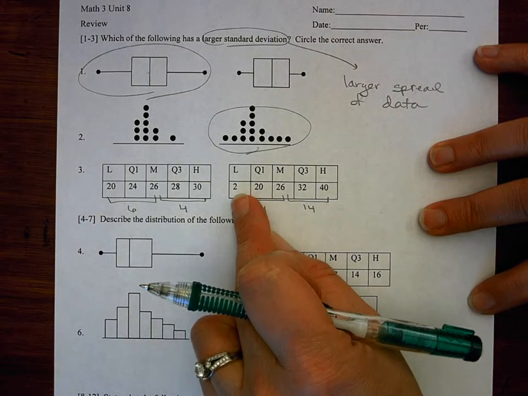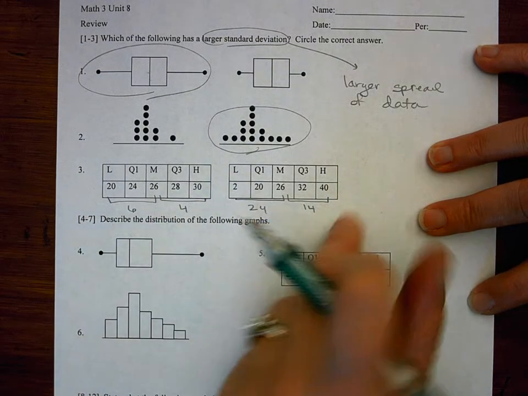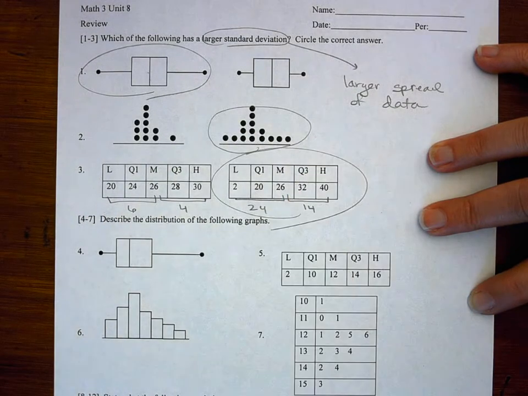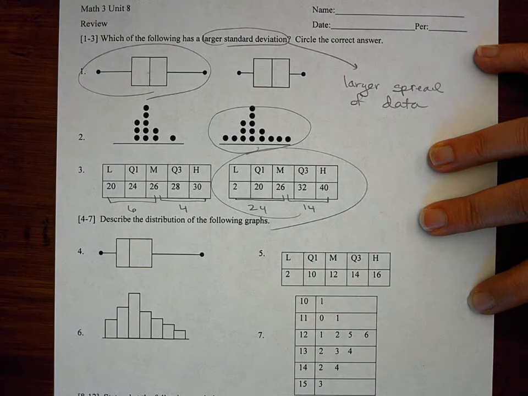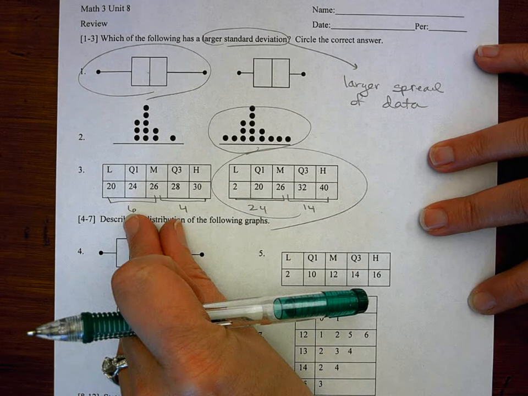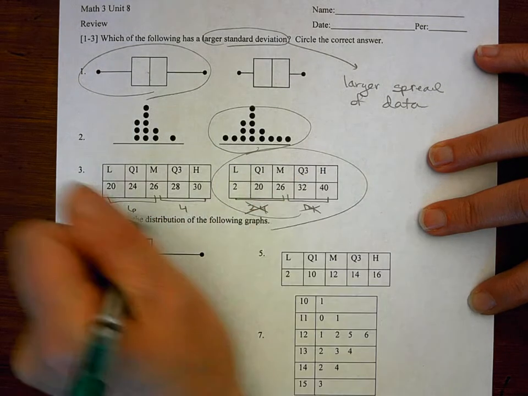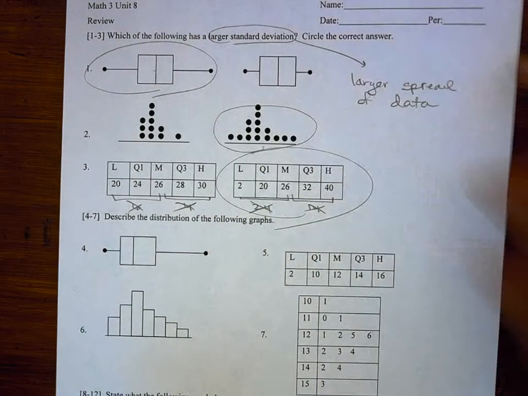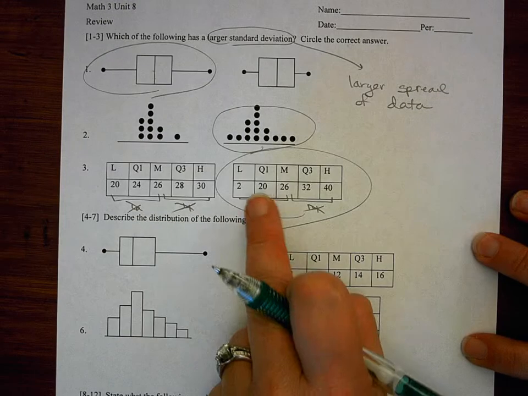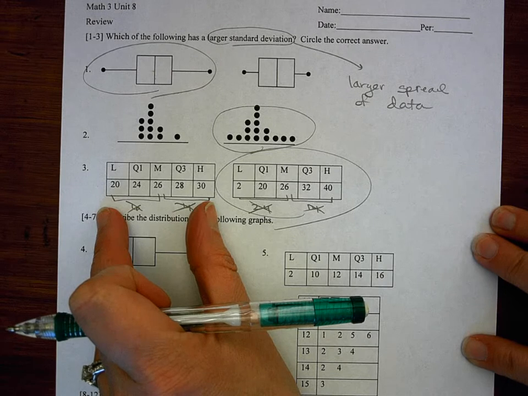All the way from 2 up to 40, versus 20 to 30. So this would have a larger standard deviation. I really didn't need this; I was thinking of distribution, like if it's skewed left or skewed right, so I don't really need to know that. I just look at from 2 to 40, there's a bigger spread compared to 20 to 30.